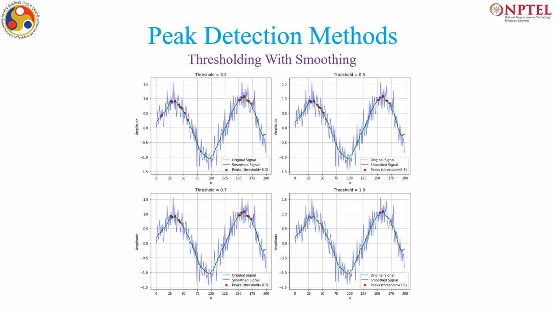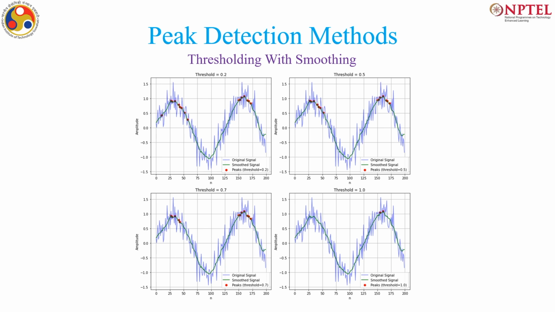Now you can see that after thresholding and smoothing, we see a much smaller number of peaks, or false peaks, I would say, as compared to the signal without smoothing.